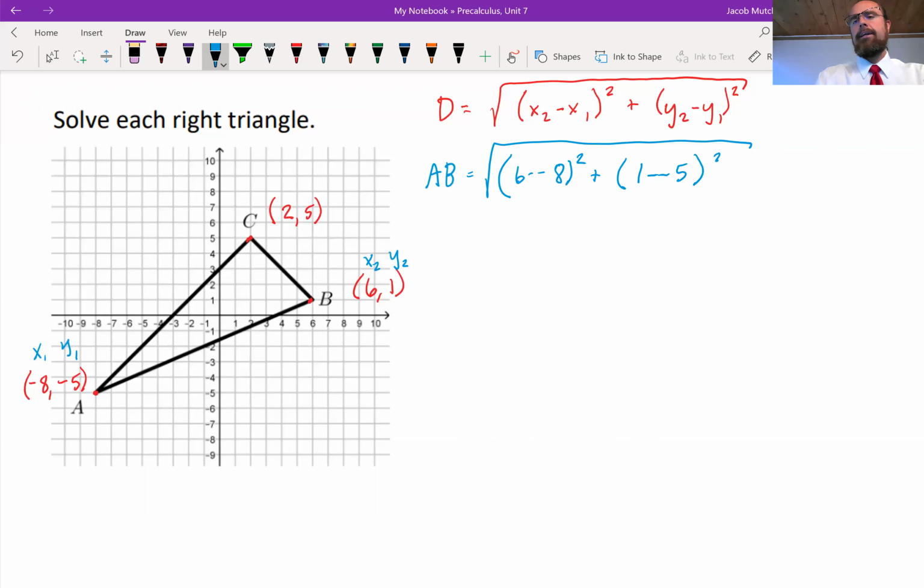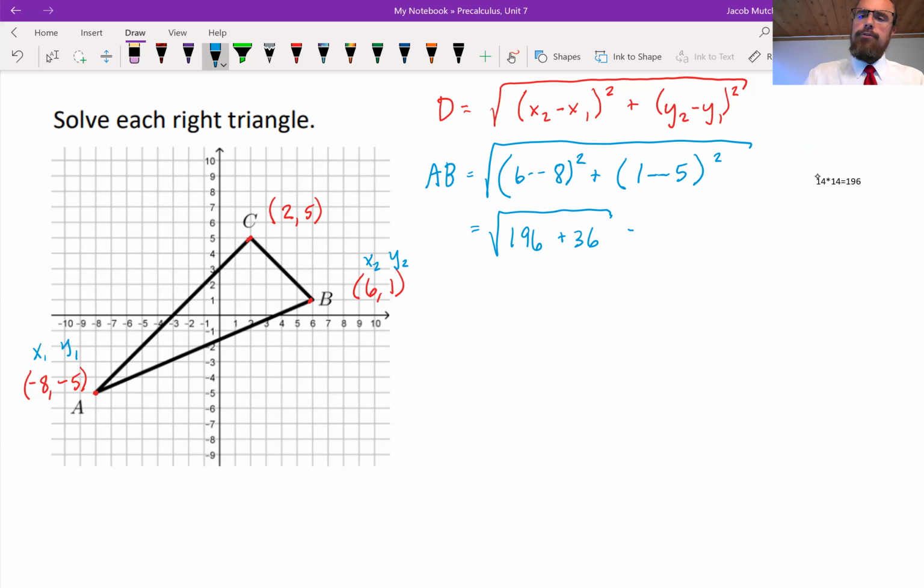Now those double negatives are going to turn into positives. So this is going to become 6 plus 8 squared. So that's 14 squared. We can go ahead and do some of this calculation here. 14 times 14 is going to be 196. So this is going to be the square root of 196. And then 1 minus -5 is 6. 6 squared is 36.